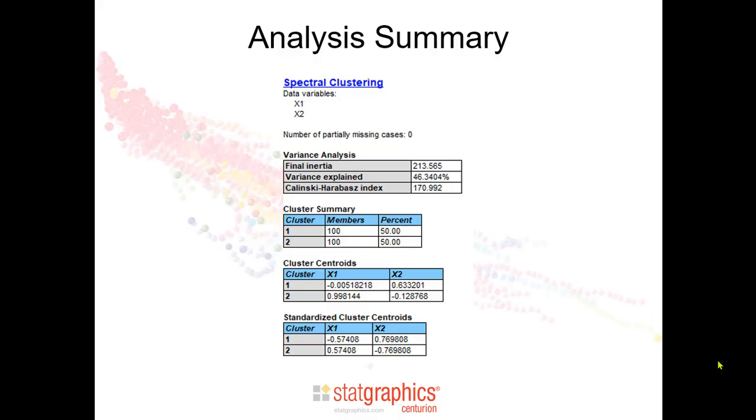In clustering such as k-means, where the regions created are approximately convex, statistics like the final inertia, variance explained, and the Calinski-Harabasz index can be used to help determine how many clusters there are in the data. Unfortunately, the variance analysis is not particularly relevant when doing spectral clustering.